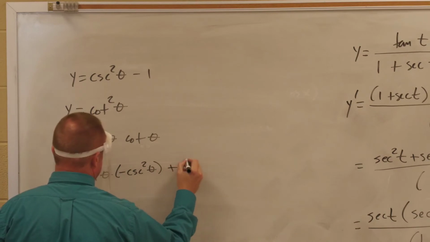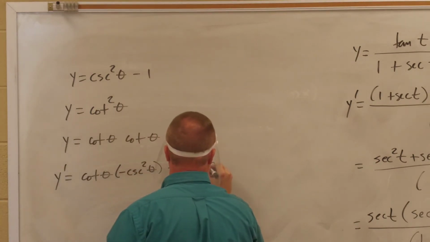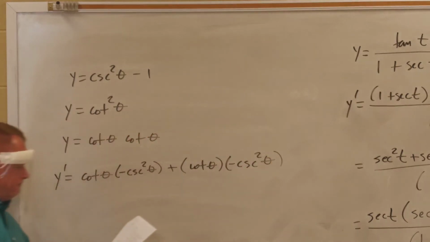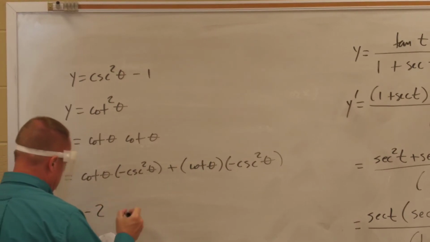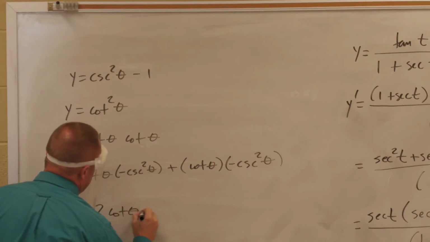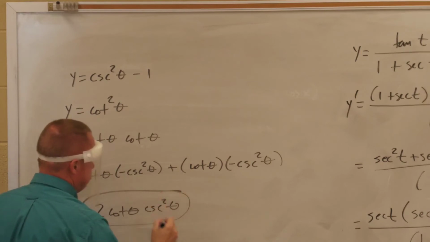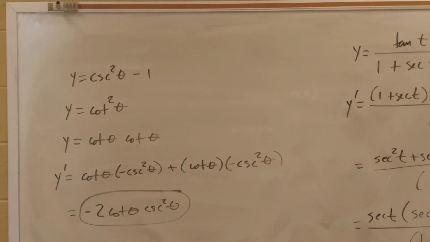Plus the second times derivative of the first, which is going to be the same thing. All right, just put those together. This will be negative 2 cotangent theta cosecant squared theta. All right, so any questions about that?